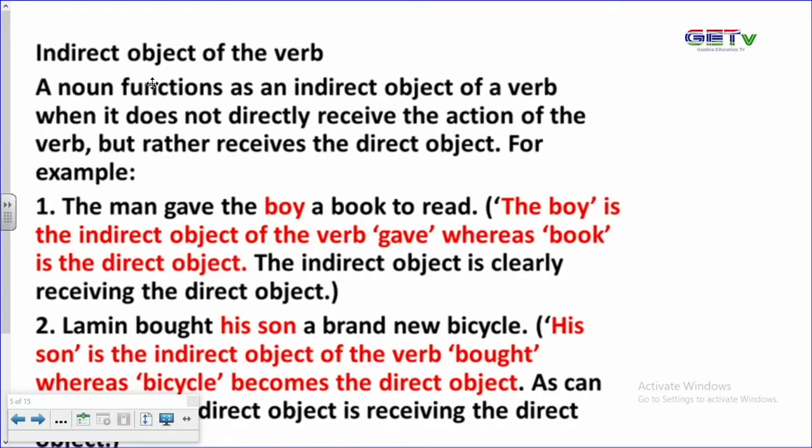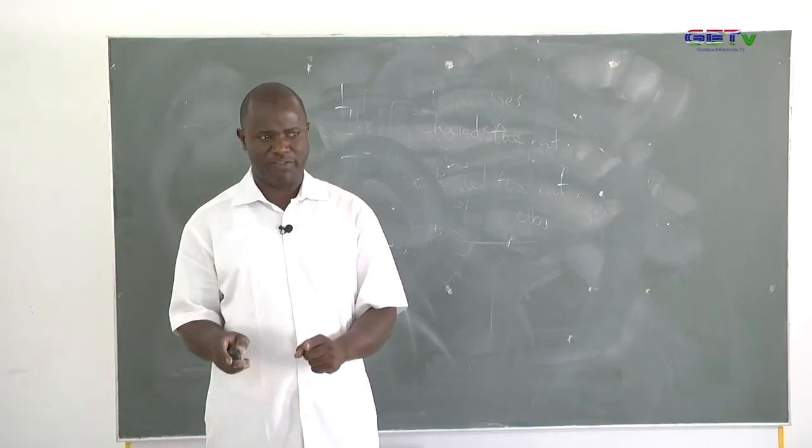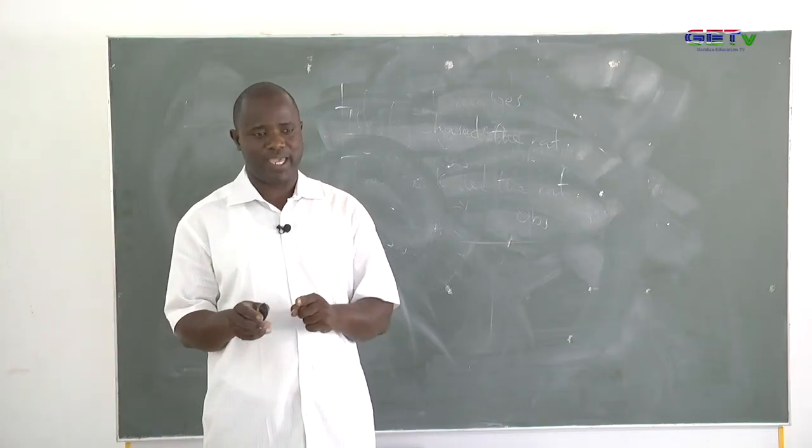So we move on. Example 2, Lamin bought his son a brand new bicycle. Here also, the direct object is brand new bicycle. So here the son becomes the indirect object. So here you understand that what Lamin bought, not the son, but he bought a brand new bicycle, which is the direct object.